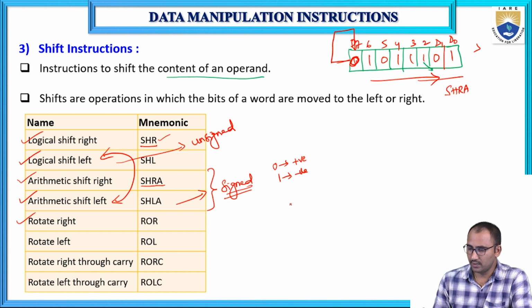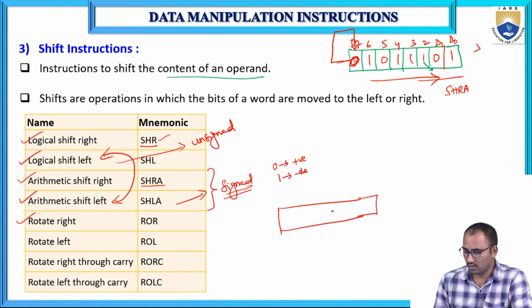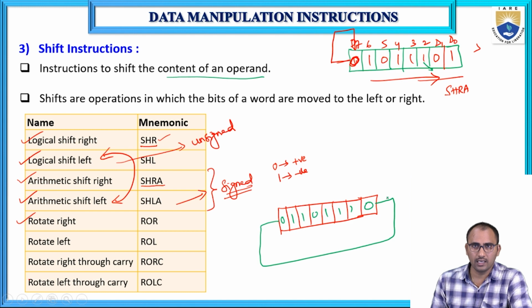So here you have a register. The register contains data like this. So rotate right. In rotate instructions, we will not lose any data.